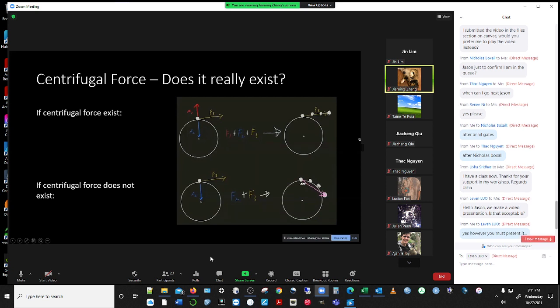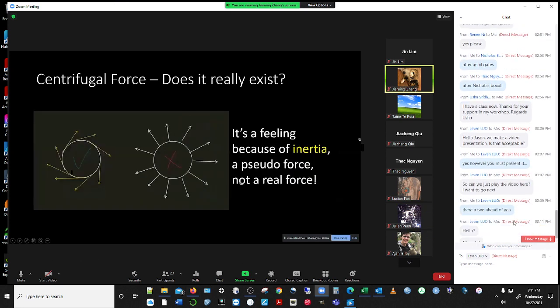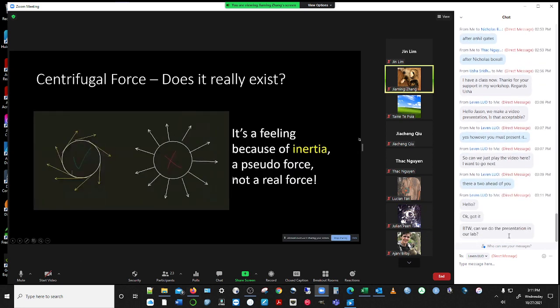If you imagine this object having this pink force all the time along its circular movement, it acts exactly as what we expected. It moves in a circular motion along this circle. So from here, we prove that centrifugal force does not really exist in the world of physics.